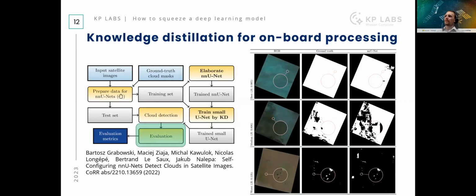So based on this approach, we also always need to verify if the big model and the small model work correctly. This kind of comparison could be at the image level, so in the case of cloud detection you could just observe if the segmentation maps are correct, given that you have the ground truth data.